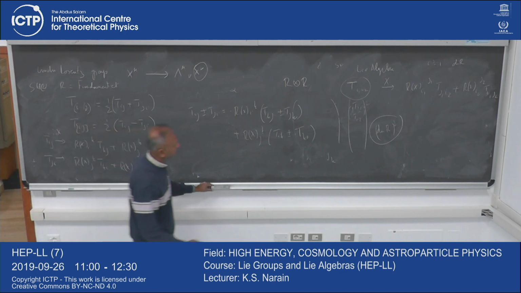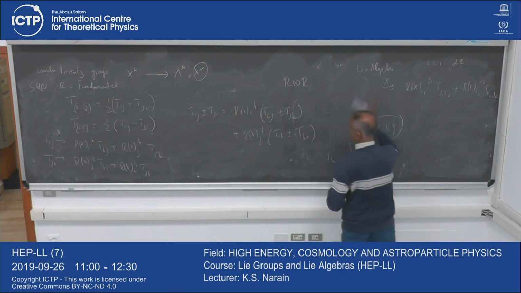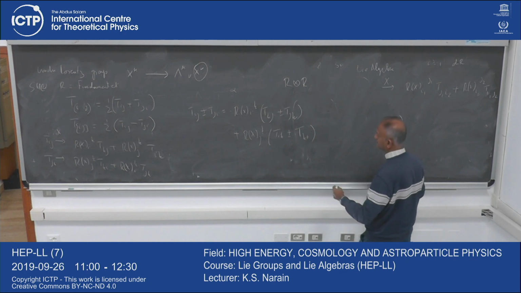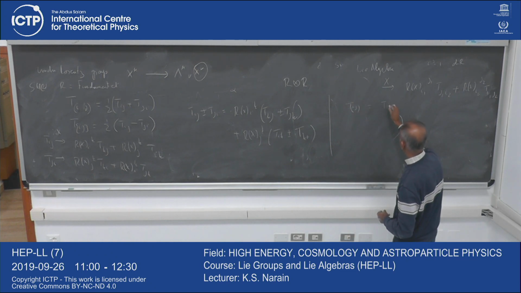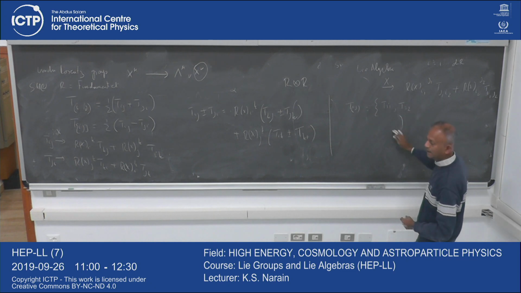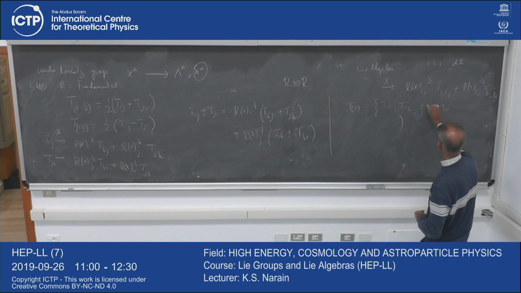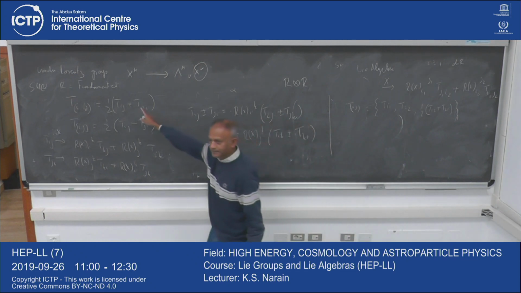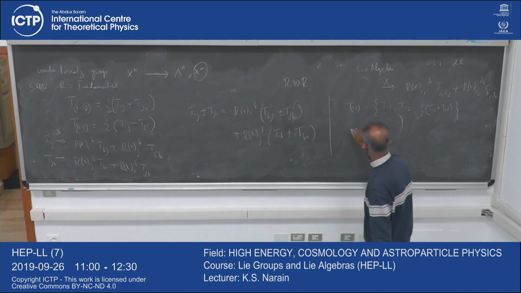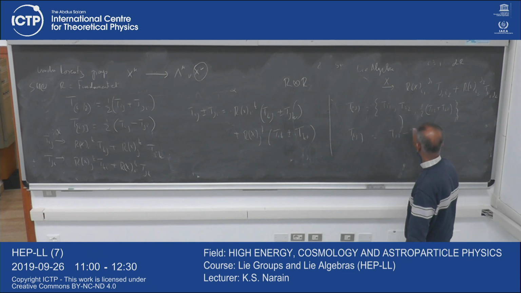In this particular case, this becomes very simple, because symmetrized Tij has what possibilities? You can have T11, T22, and half of T12 plus T21. Whereas the only antisymmetric component is T12 minus T21.